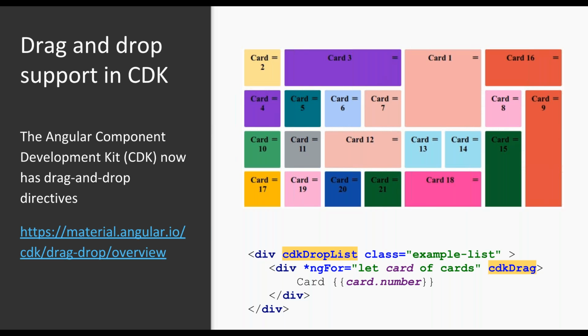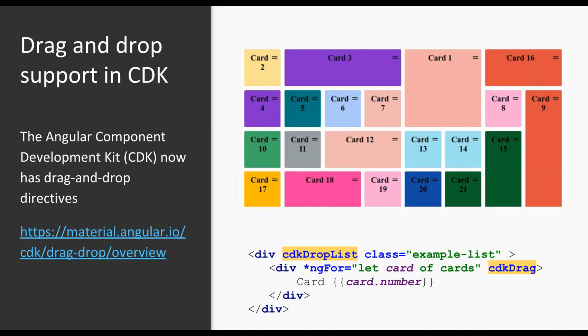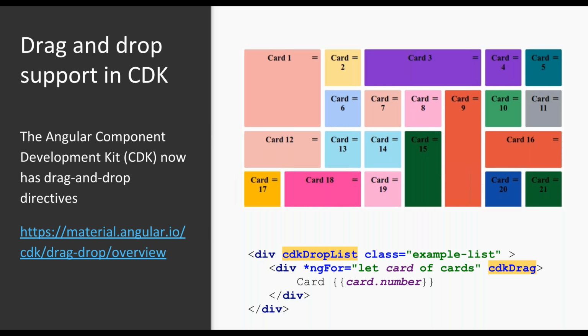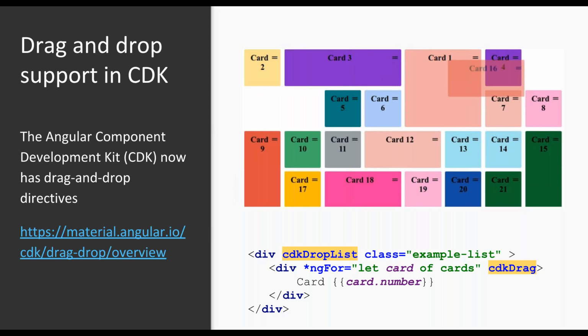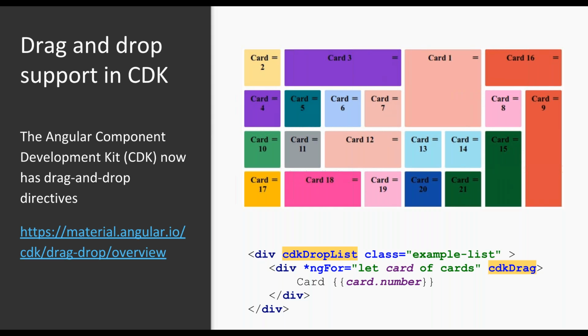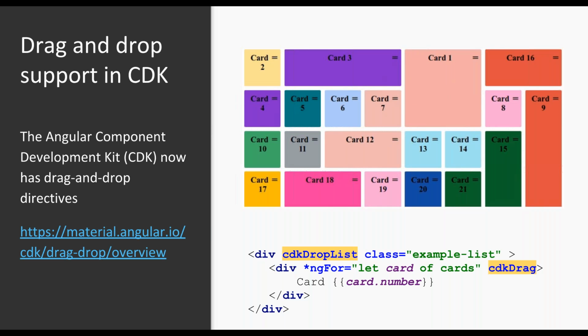And as they build these components for Angular Material, what the Material team realized is that there is a lot of common behaviors that we need when we build a web application with Angular. So for instance, having a pop-up window or a layer that shows up on top of everything else on our screens, or tabs, or the ability to display a component in a different section of our screen.